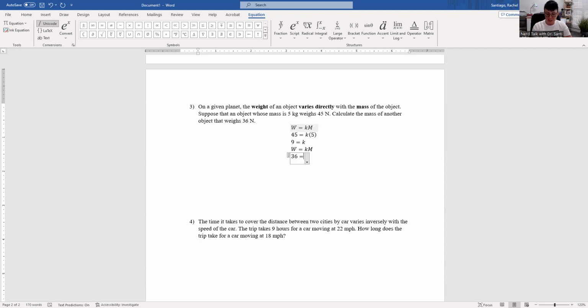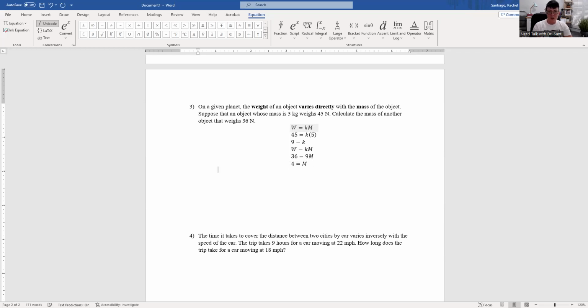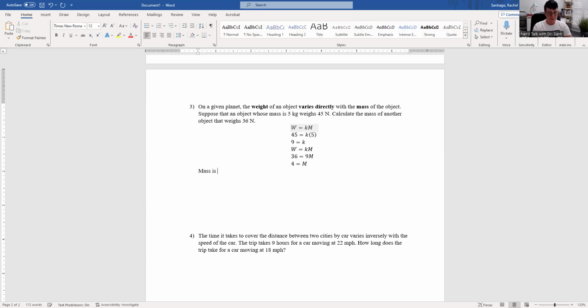We know the constant of variation is 9, but we don't know the mass. It's asking us to find the mass. If you were going to solve for M, you're going to divide both sides by 9. And if you do that, you find that the mass is 4. And more specifically, we can say that the mass is 4 kilograms.